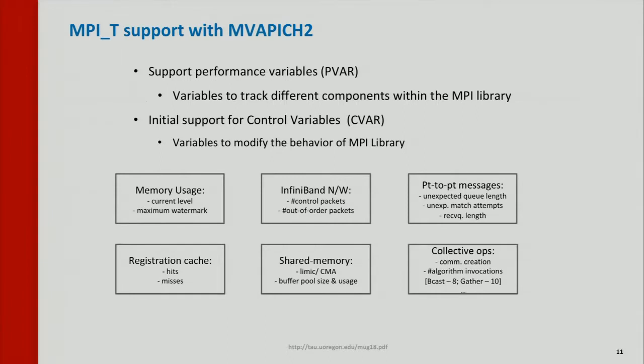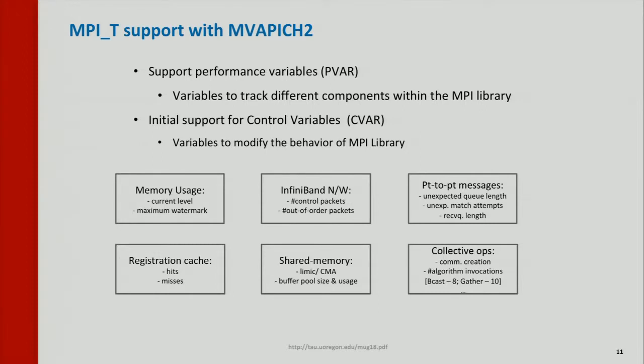Things that until now were not accessible to performance evaluation tools. This information was retained inside the runtime, but with this interface of performance variables through this bridge, as we call it, the MPI tools interface, now they can export this data in a way that can be accessed very easily by any performance evaluation tool.